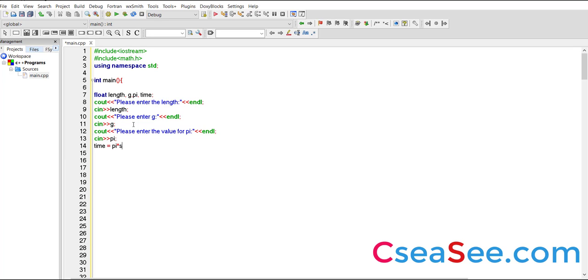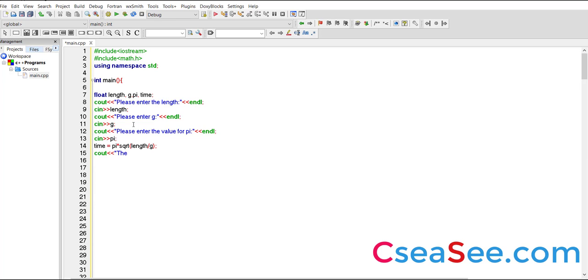So time is equal to pi times, now this is where the square root function comes in handy, sqrt, that is the square root of, now we need to divide length, L-E-N-G-T-H, length divided by g. That's fine. So that is going to be the output.